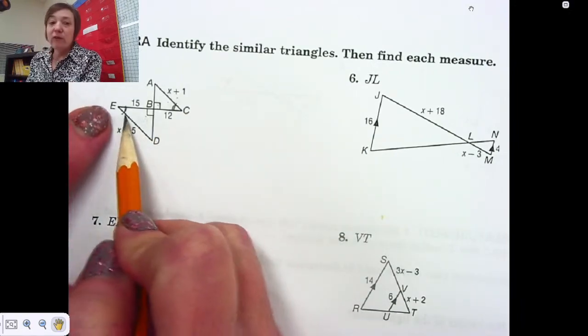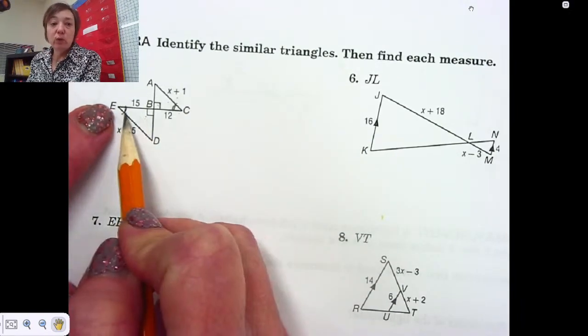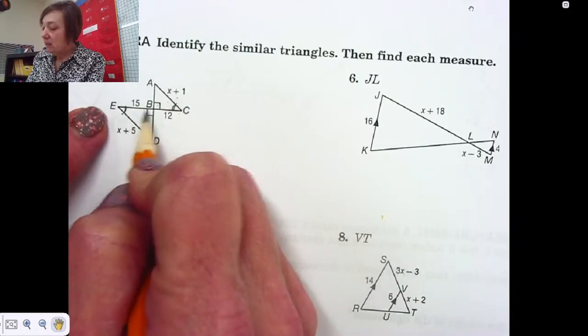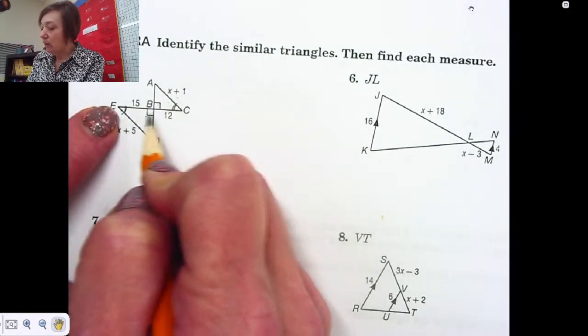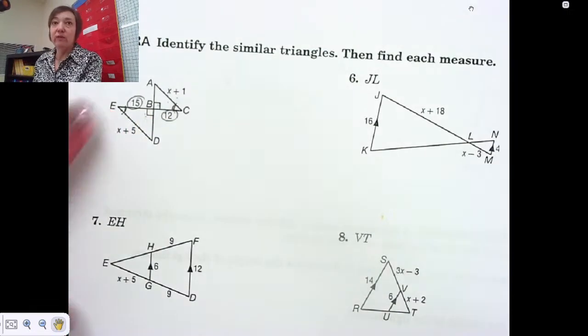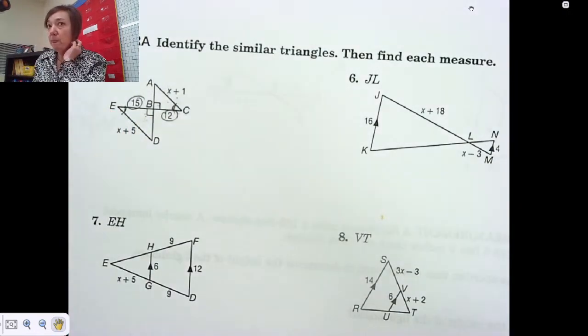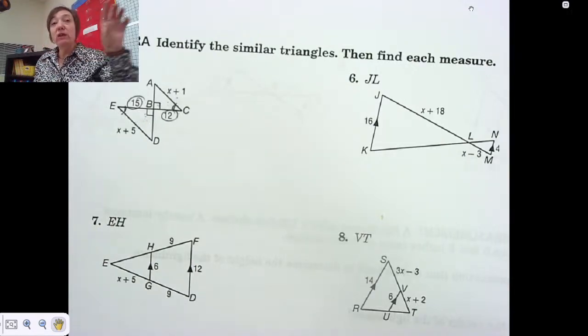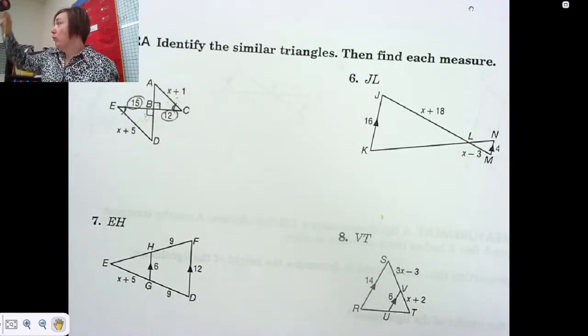But it doesn't hurt for us to look at which angles and which sides. Since this angle is congruent to this angle and this angle is congruent to this angle, the sides that go together are 15 and 12. It doesn't matter which one we put on top and which one on the bottom, but whichever one you put on top on one side, you go from the same triangle on the other side.